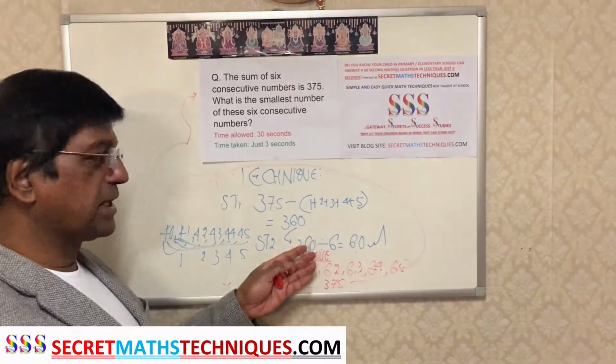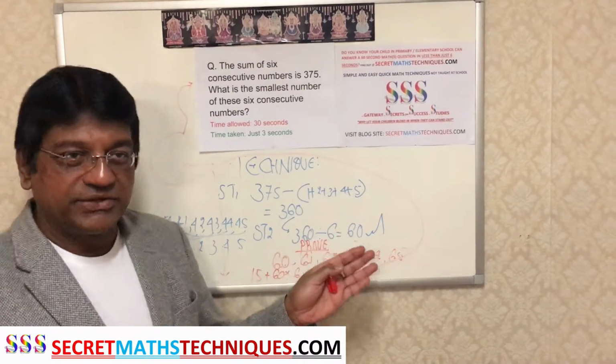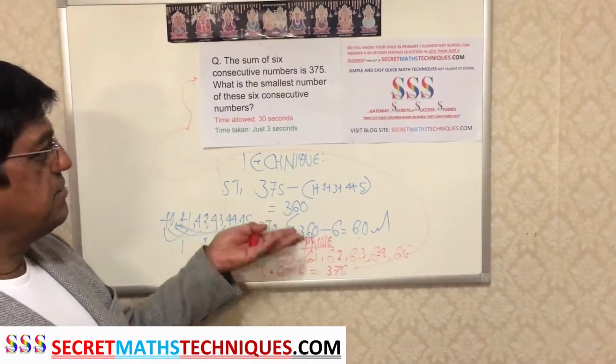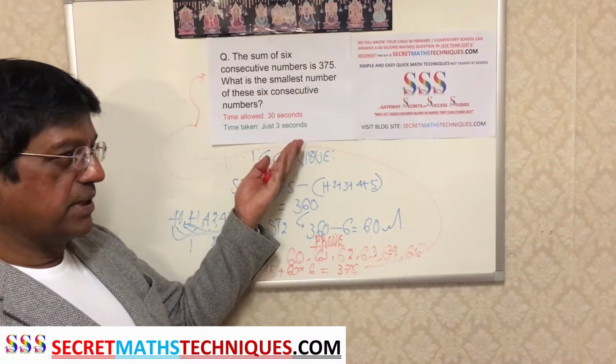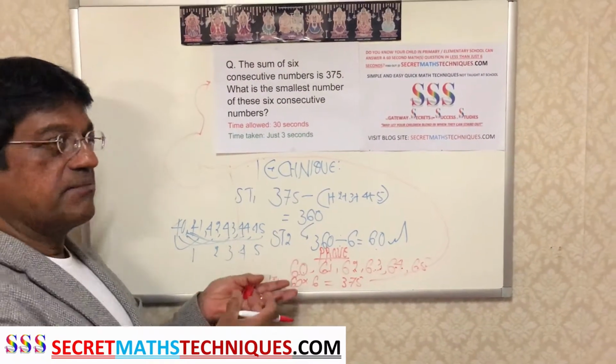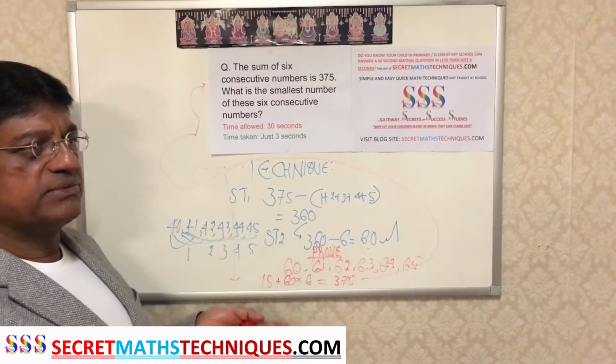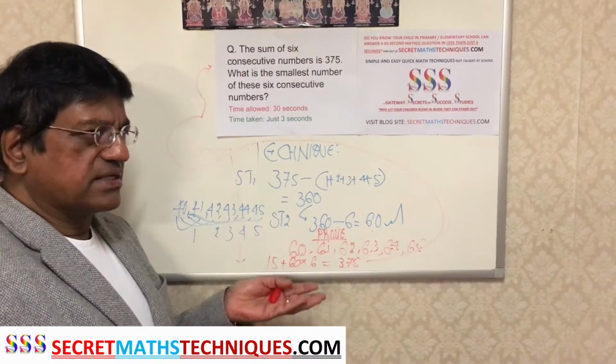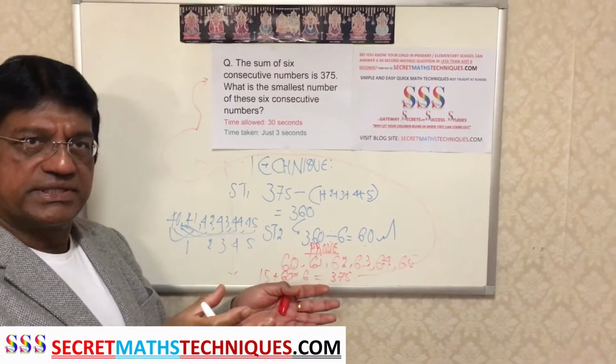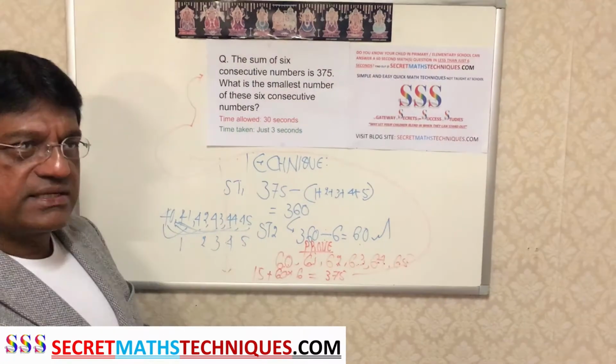I keep on saying 3 seconds because that's the standard 3 seconds that we take for a question, but a question like this is very simple, yet students grapple with it and get frustrated because they are unable to get to the correct answer.